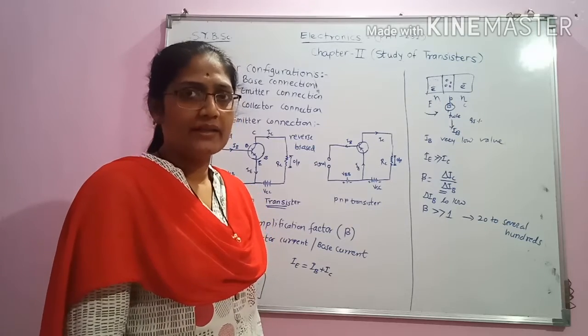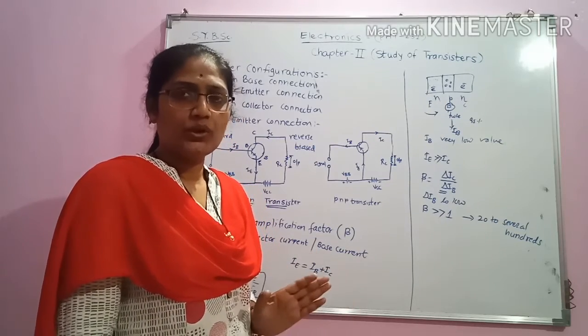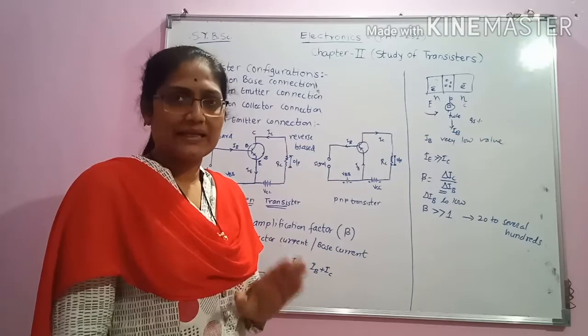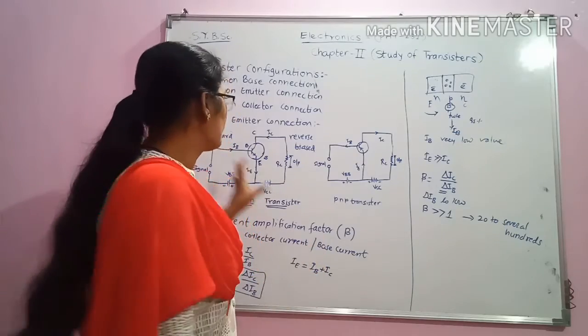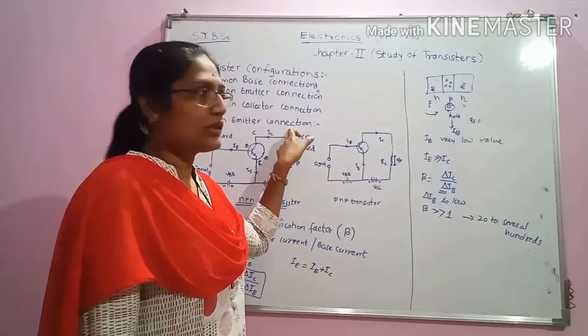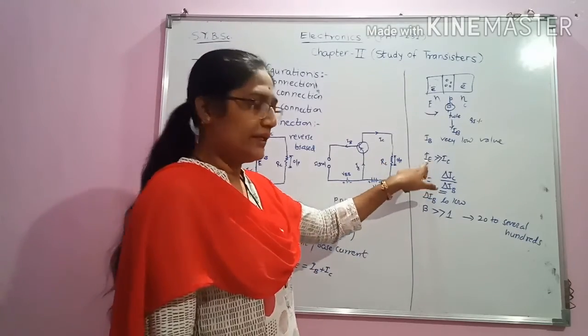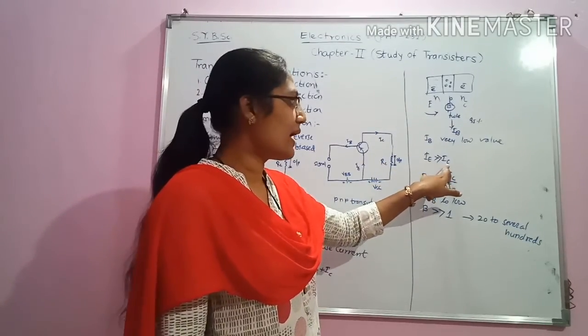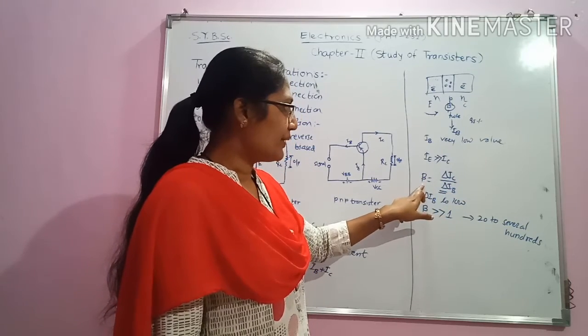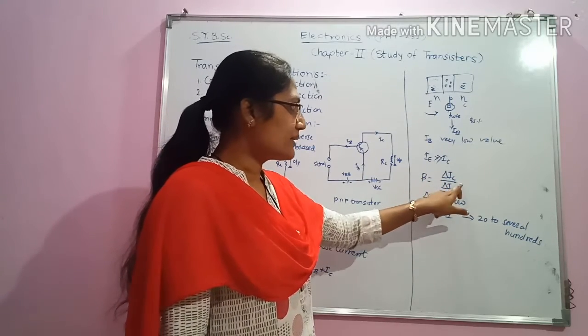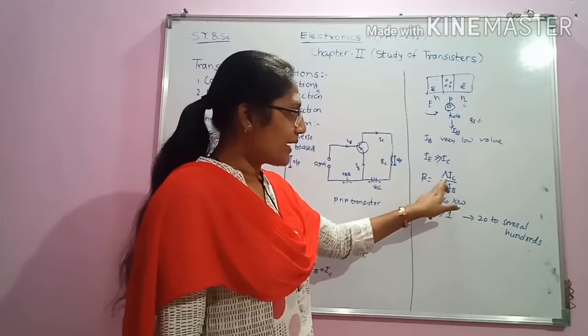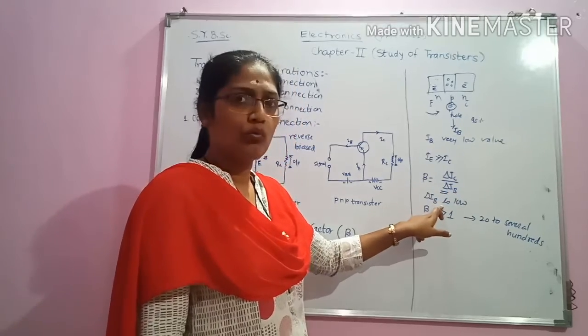Hence IE is equal to IB plus IC in this connection also, and IE is always greater than IC. Hence beta is equal to delta IC upon delta IB, and IB has a very low value.